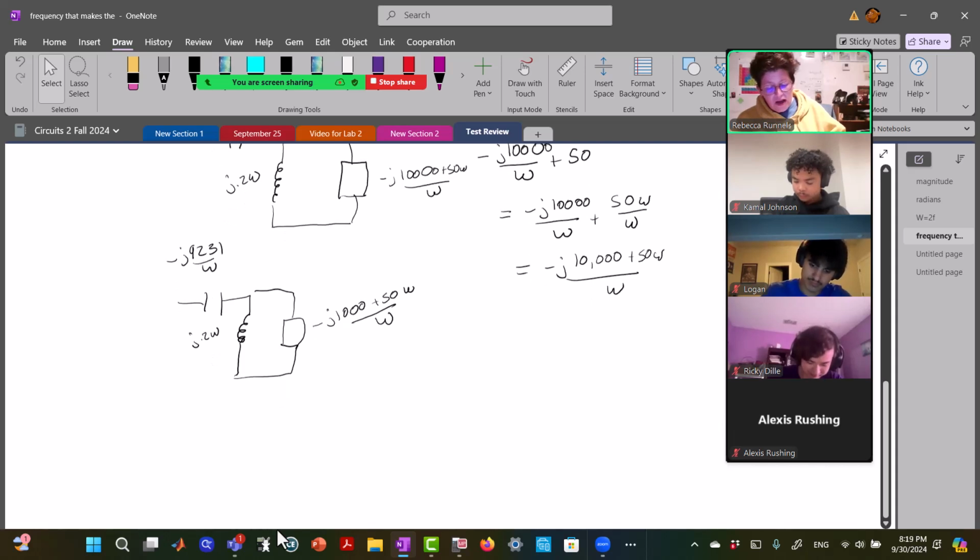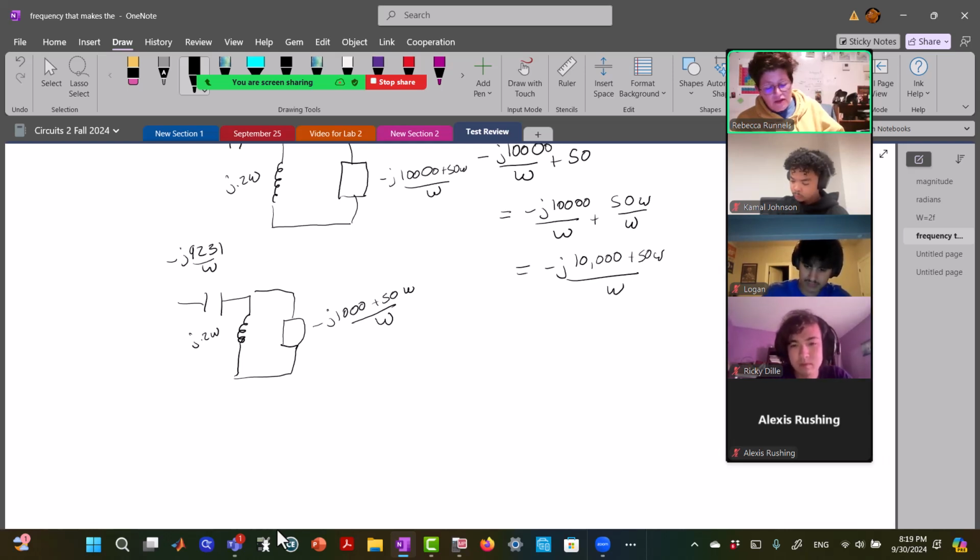Now we have these 2 impedances in parallel, and then they together are in series with this one.